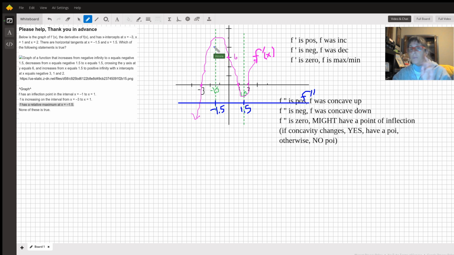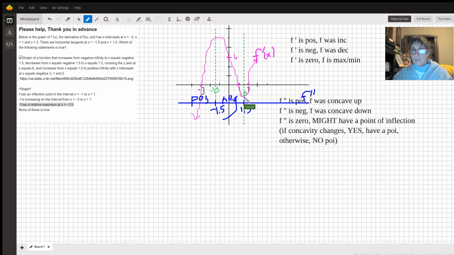And if this would have been my original, here where it's increasing, that means that its derivative is positive. So this is all positive. If it's decreasing and I take its derivative, it will be negative. So it's negative in here.